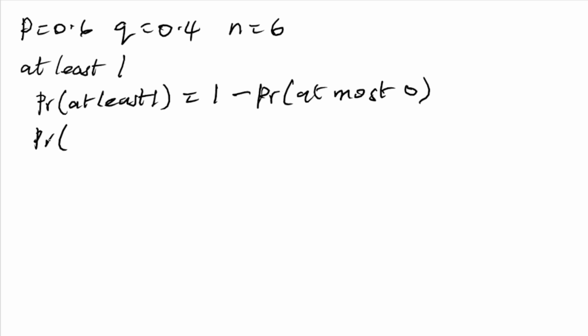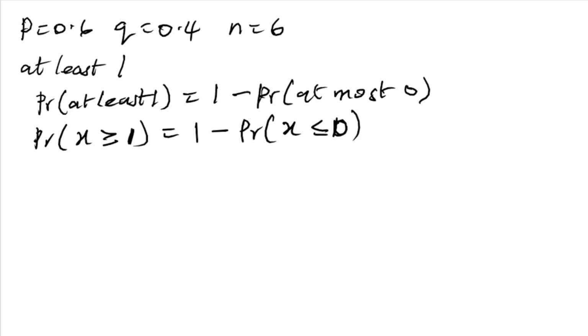Because we've actually solved for 0 before. So x greater than or equal to 1 means that 1 minus probability of x less than 1. Because values that are less than 1 is still 0.